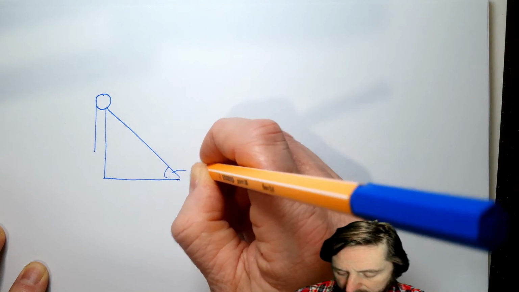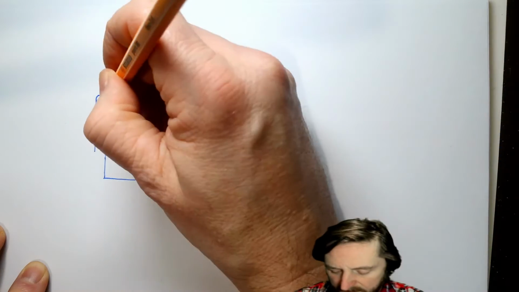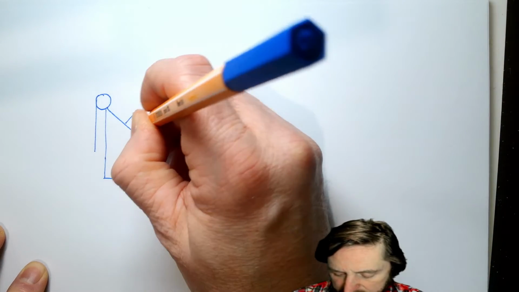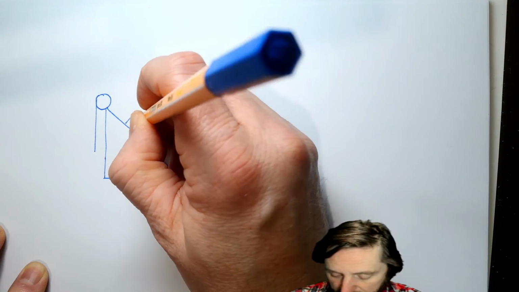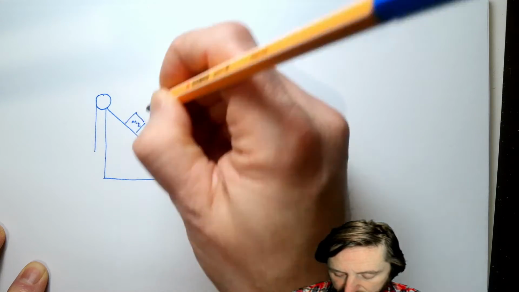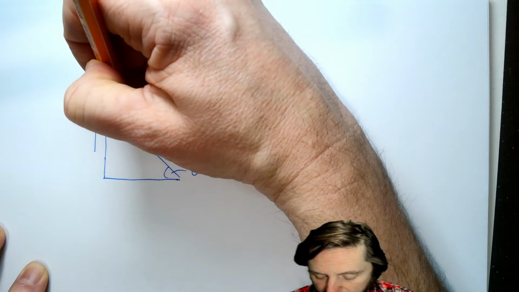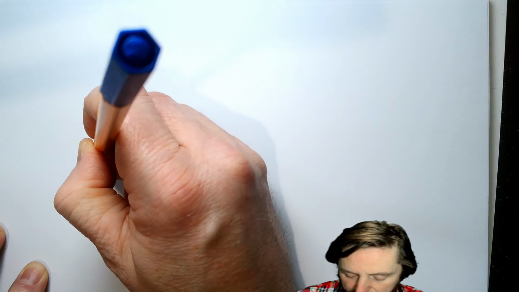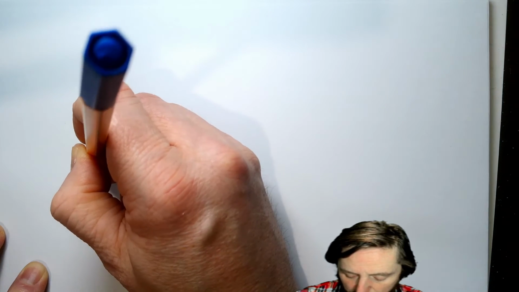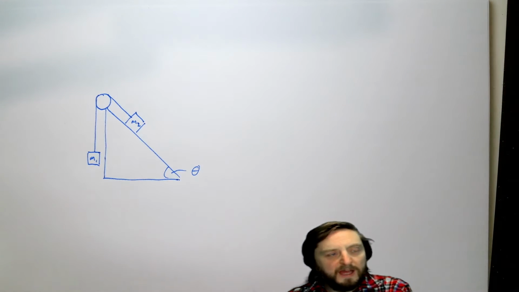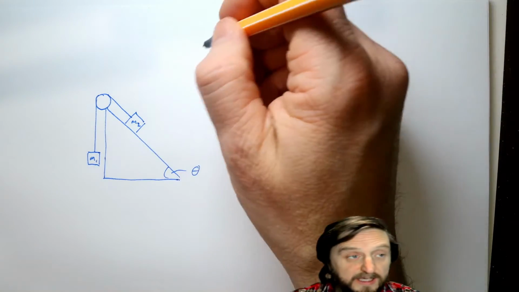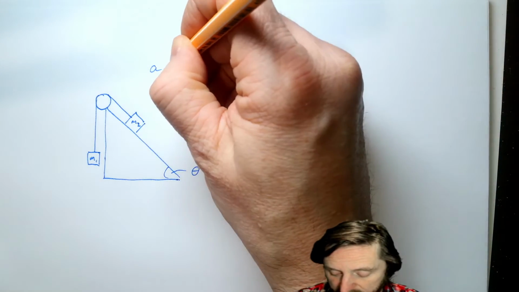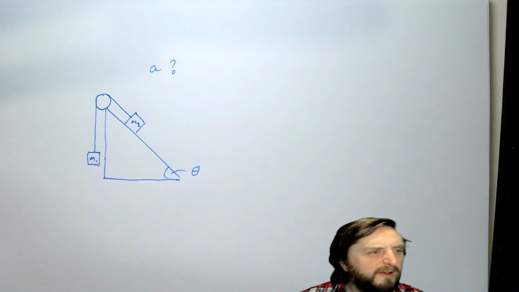Okay, let's make that angle theta right there. And we've got, this time, M2 is sliding down the ramp. I'm going to leave off friction for a moment, but we could put it on. And M1. Okay, and we're going to again say what is the acceleration of M2, for instance.